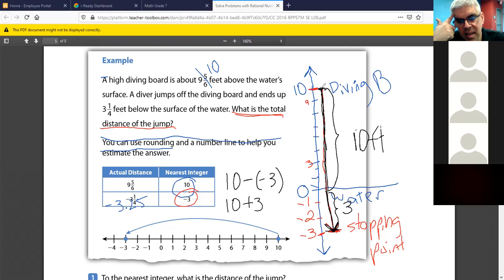If I count 1, 2, 3, 4, 5, 6, 7, 8, 9, 10, and then -3: 11, 12, 13. 13, right, which is what is here, 10 plus 3, which is what happens when you subtract a negative. 2 negatives make a positive. So the answer is 13.